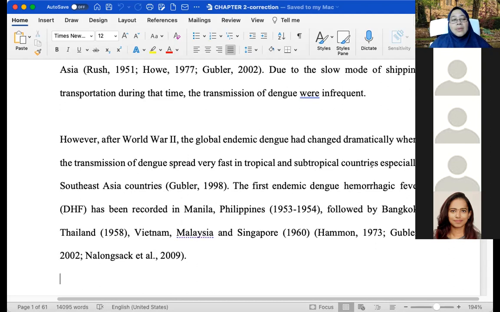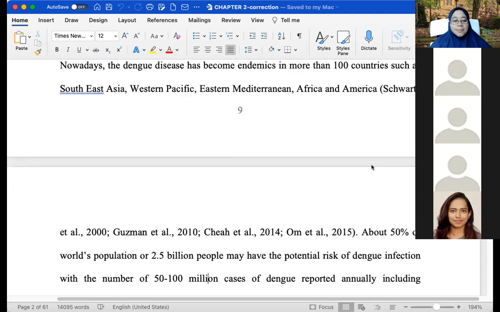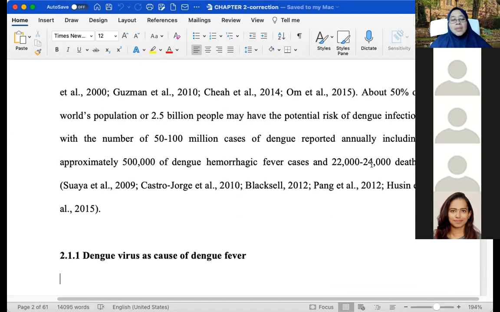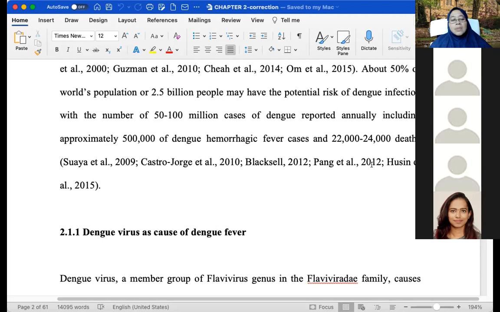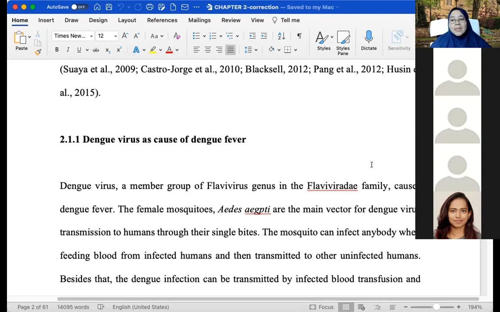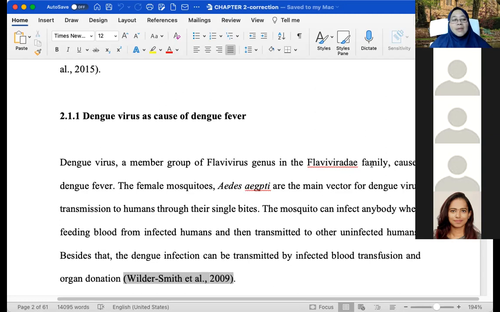You can see the history of dengue, which is more detailed. And then he goes down talking about the dengue virus as the cause of dengue fever, because in the end he would like to tell the readers that he's doing something on diagnostics of the dengue virus.